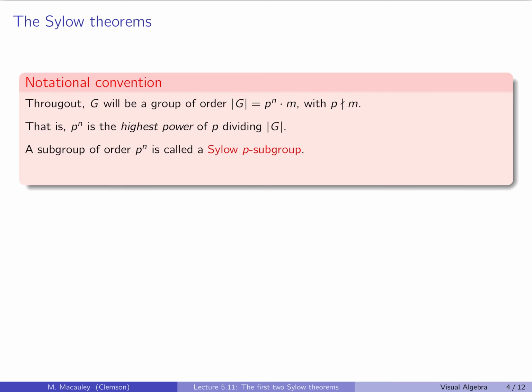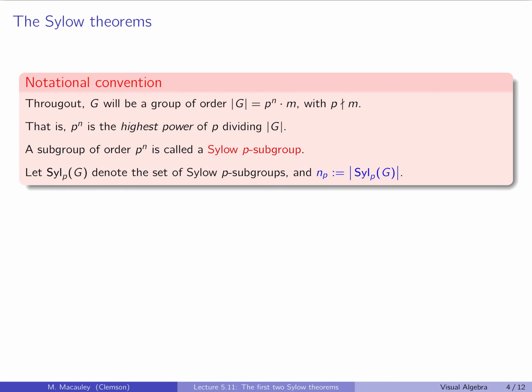A subgroup of order p to the n is called a Sylow p-subgroup. Previously, I called it a maximal p-subgroup, but this is what they're usually called. I'm going to use this notation to denote the set of Sylow p-subgroups, and n_p is the number of Sylow p-subgroups.